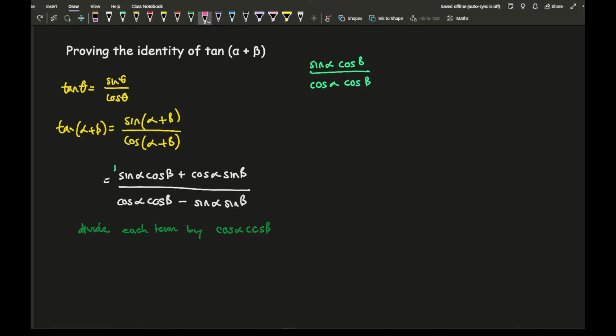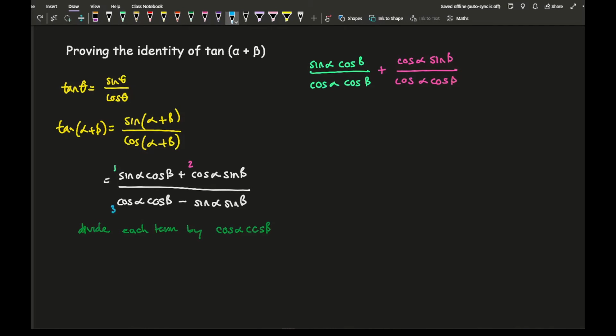Then with this second term I end up with cos alpha sine beta over cos alpha cos beta.